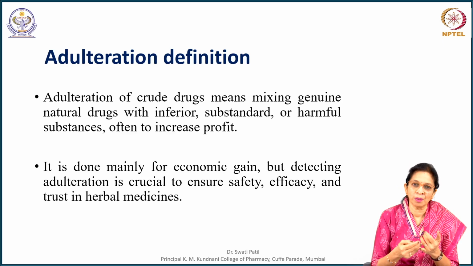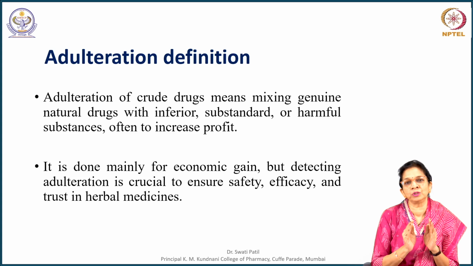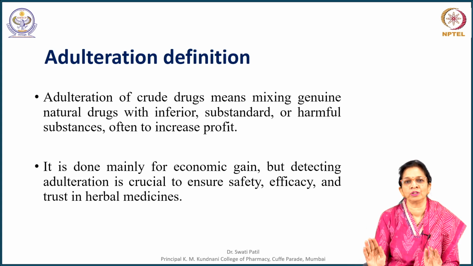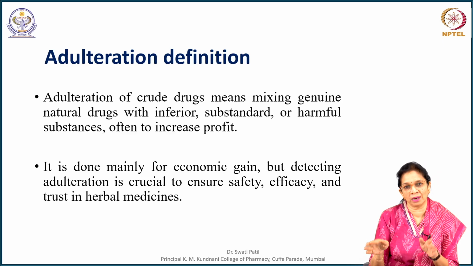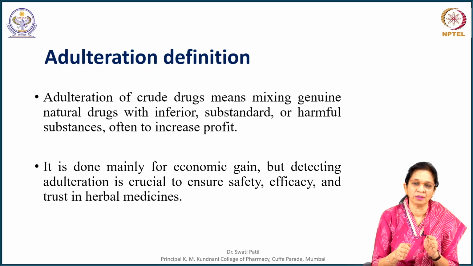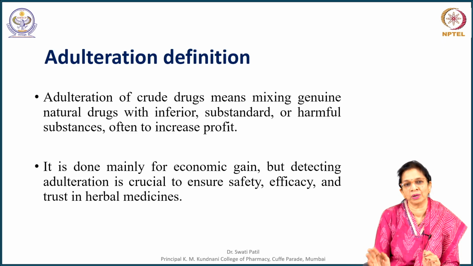So, it can be any part of the plant which is known to contain that active constituent responsible for therapeutic activity. So, anything else present with this drug, we term it as an adulterant. So, we either term it as a harmless adulterant or an adulterant which is of deep concern.